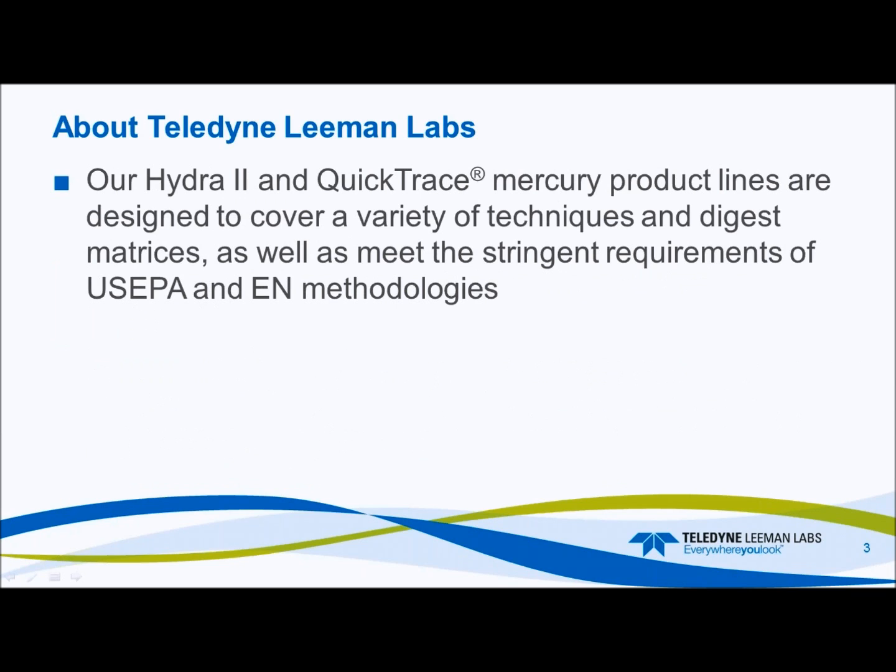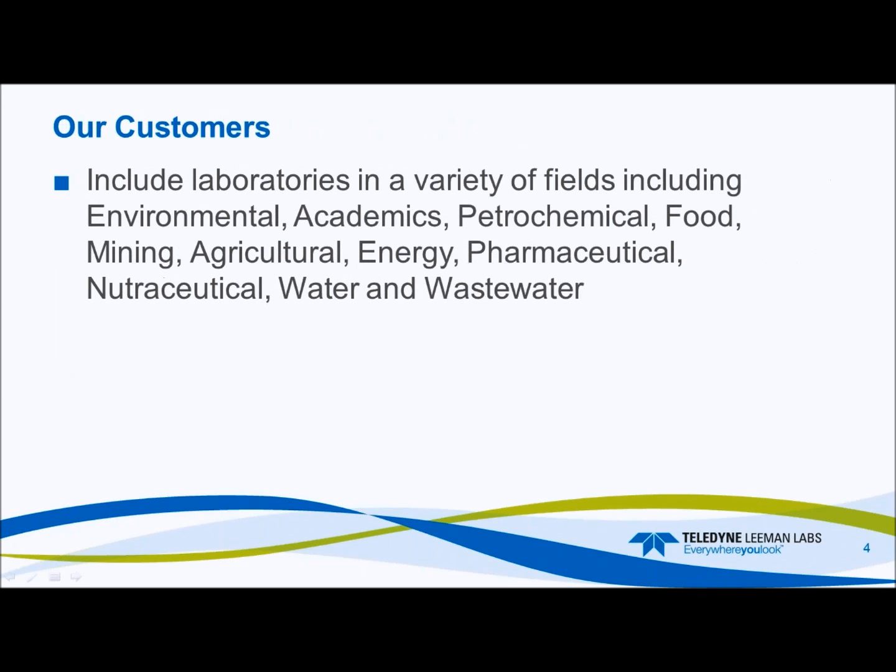We have two product lines, the Hydra 2 and the QuickTrace product lines, and they're designed to cover a variety of techniques and matrices and methodologies and so forth. Some of our customers include the environmental labs, wastewater treatment plants, academics, petrochemical, food, mining, pharmaceuticals, nutraceutical. Basically, if there's a lab bench, they're probably going to have a mercury analyzer on it, and they will have one of our products.